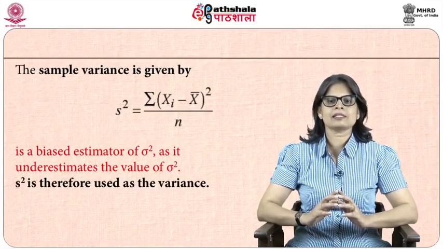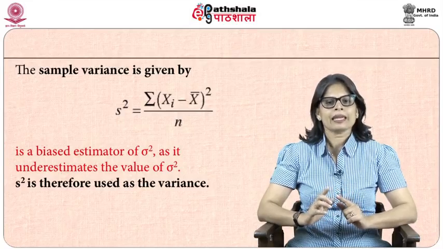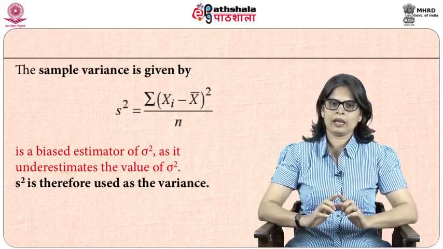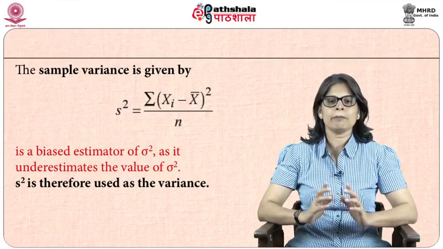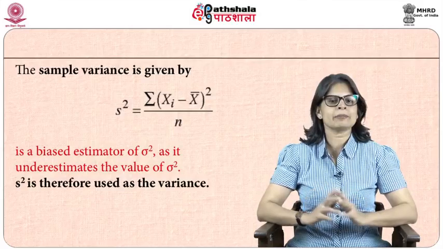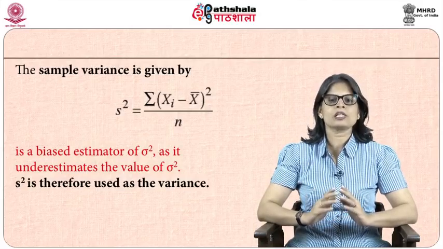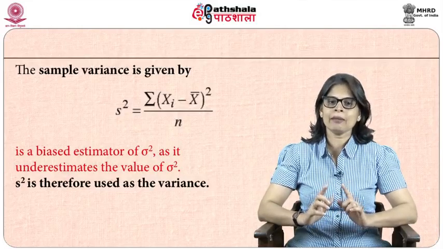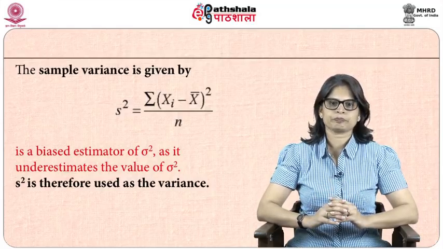The sample variance could also be given by S square equal to summation (Xi minus x bar) whole square upon n. But this sample variance comes out to be a biased estimator of sigma square, as it underestimates the value of sigma square. So, instead of using small n in the denominator, we prefer to use small n minus 1 as given in the previous formula.